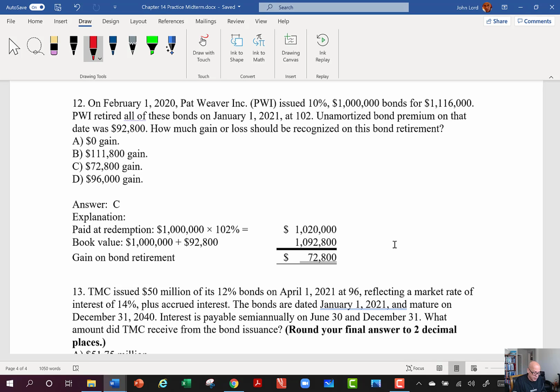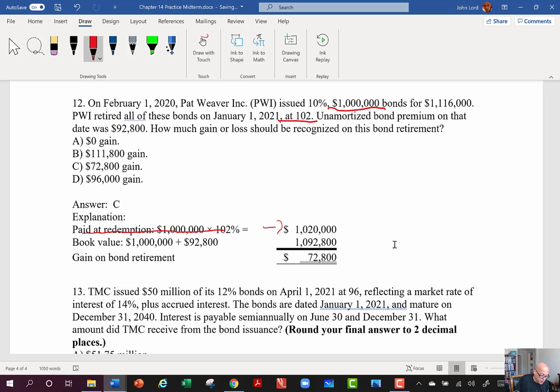So that's what they're asking me here. They tell me that the bond has a face of $1 million and they're going to retire it at 102. You pick that number up, that's what you have to pay. The face times 1.02 gives me this $1,020,000. That's the cash they're going to have to pay out.